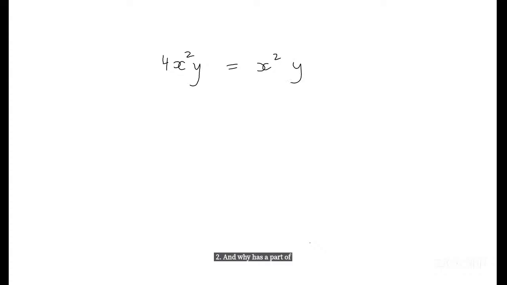So we'll add these powers. 2 plus 1, that is 3. Okay. Hope this is clear to you. We add the powers.